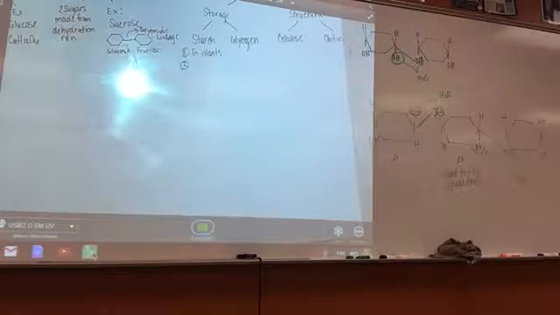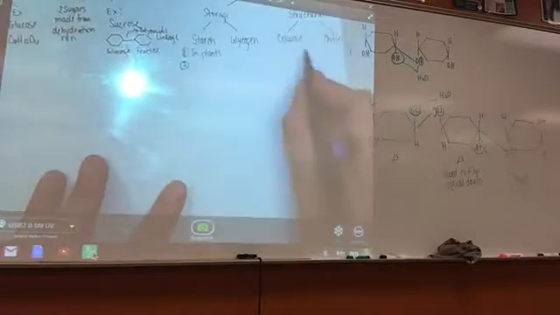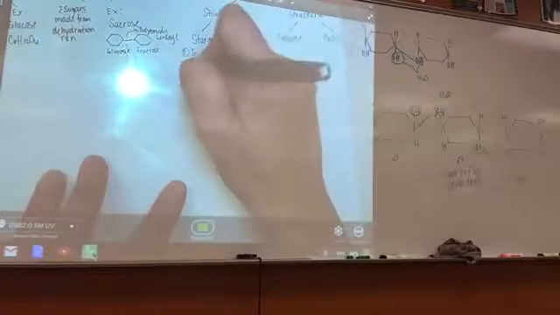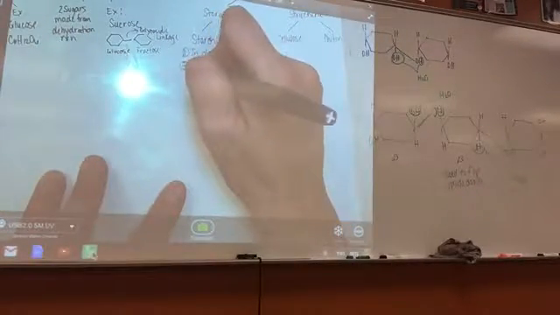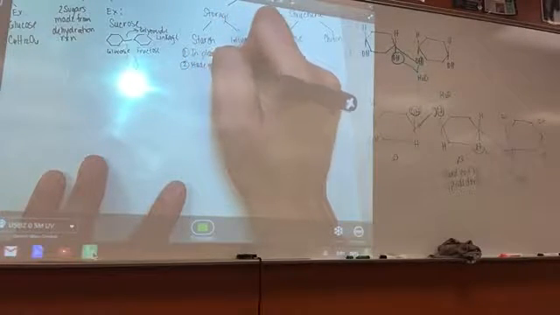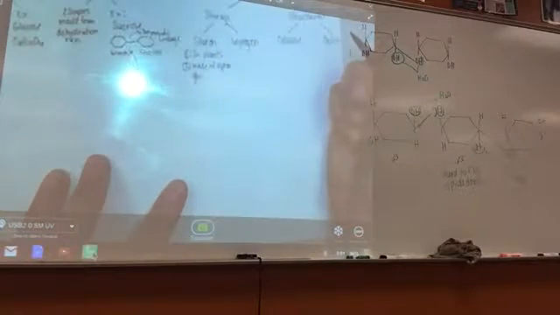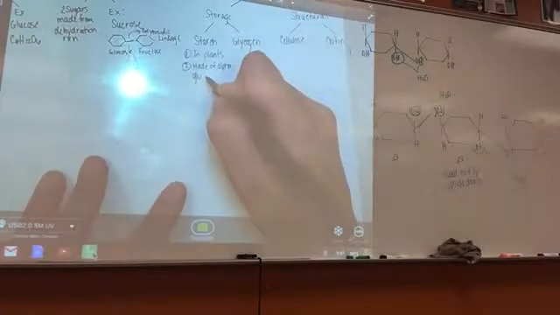Starch was what kind? Alpha glucose molecules, all right? That's what makes a difference between starch and cellulose. So these guys are made of alpha glucose molecules. I'm just going to abbreviate glucose as GLU, glucose monomers.